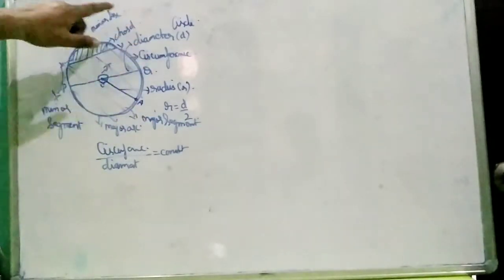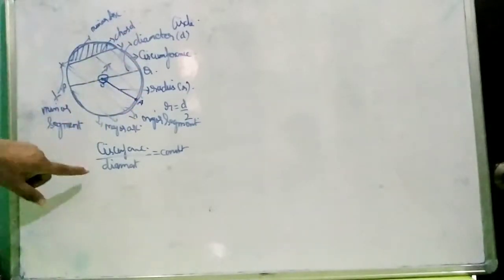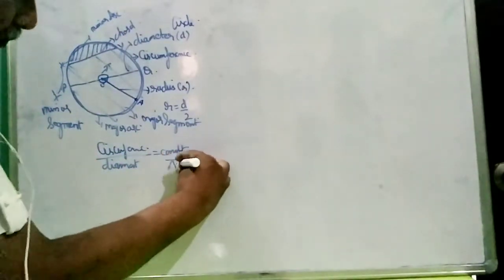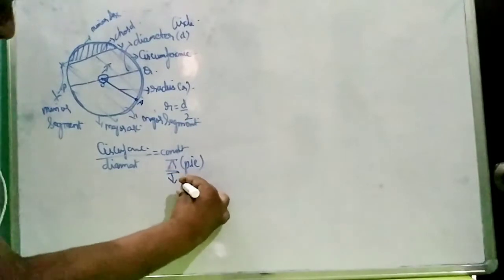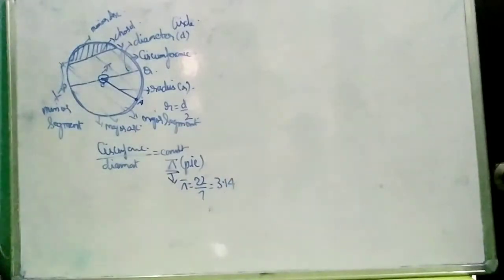This is the property of a circle: the ratio between the circumference, the complete curved path also known as the perimeter of a circle, and the diameter of any circle always remains constant, and this constant is denoted by the Greek letter pi. The value of pi is 22 upon 7 or 3.14.